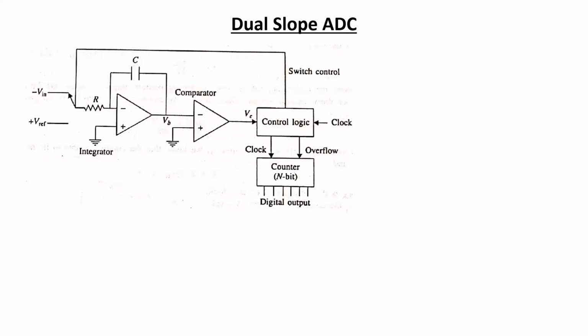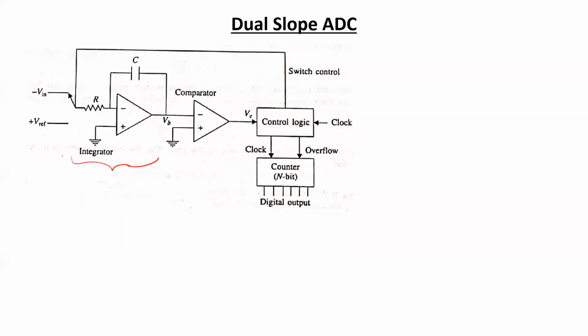So that is going to happen in case of dual slope ADC, and the integrator or the ramp generator, we can say, will integrate two different voltages, and the integration process is going to take place for two different time instances.